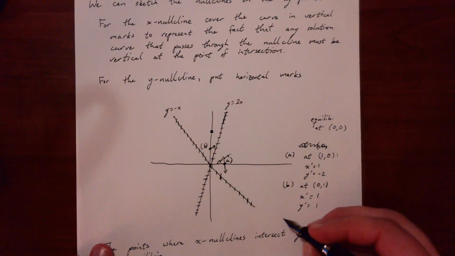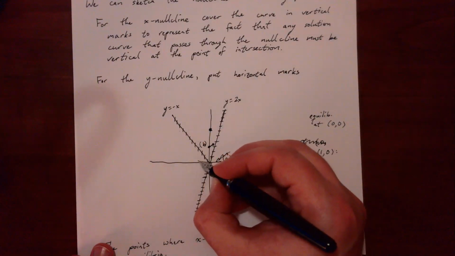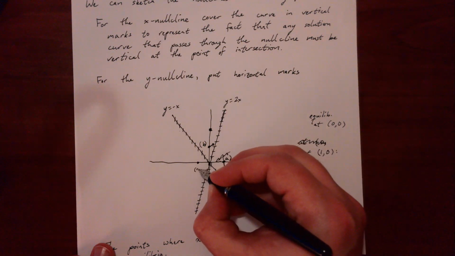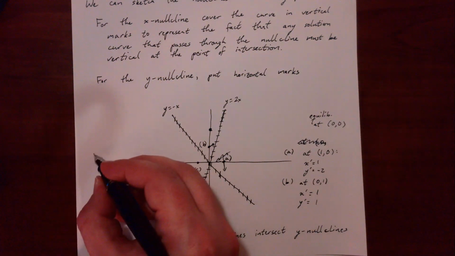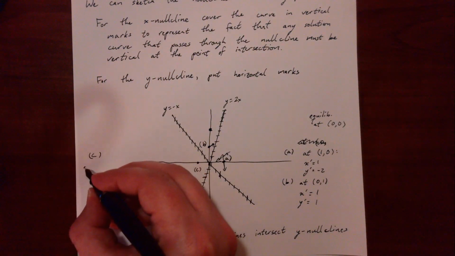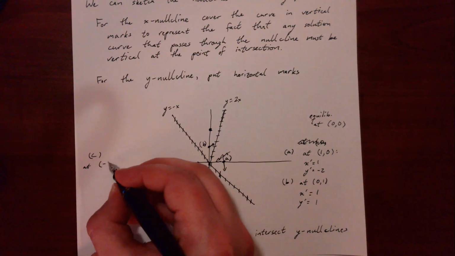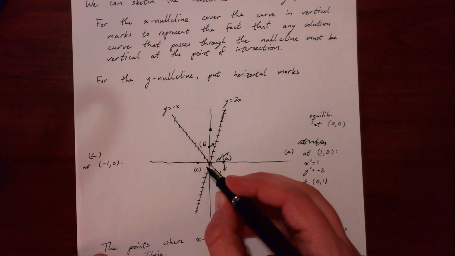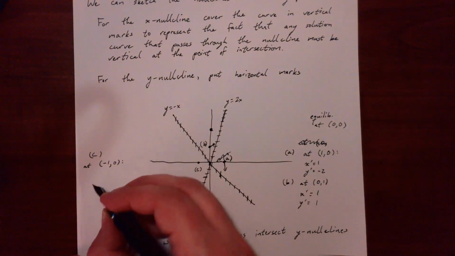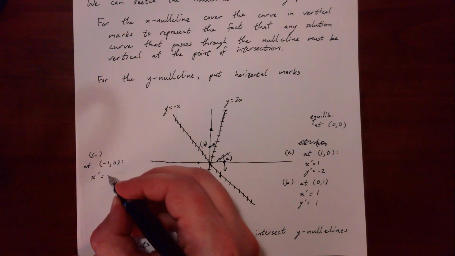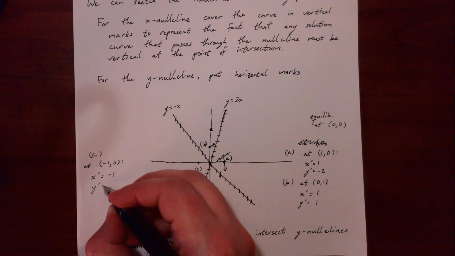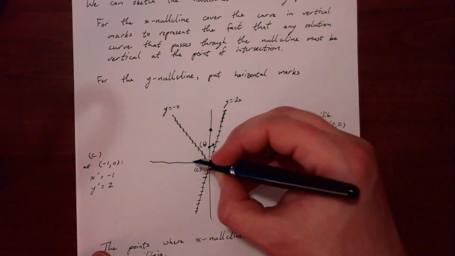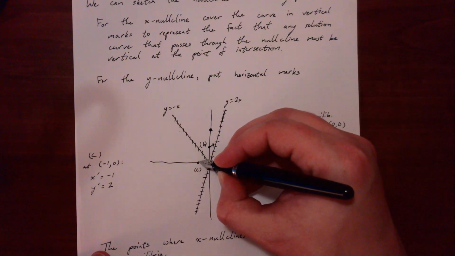And then here, let's say we want a point over here for C, and you just take the points that are most convenient. So for C, that would be at negative 1, 0. Well then, what do we have? x equals negative 1, y equals 0, so x prime would equal negative 1, y prime would equal positive 2. So that means we're going left and up.